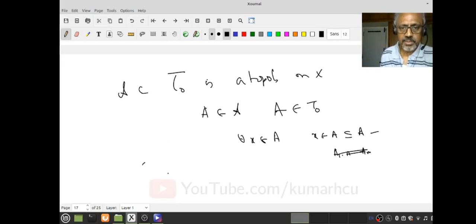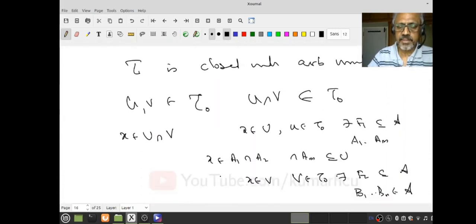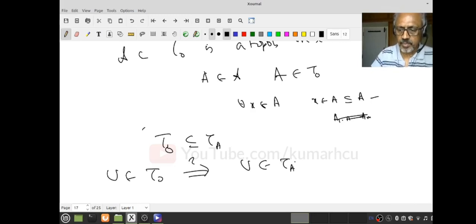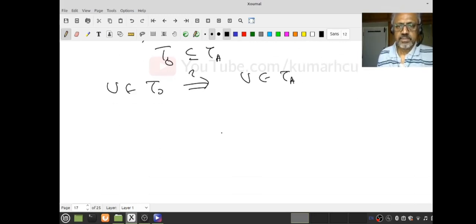Now notice that tau naught is contained in tau A. Why? How did I conclude? Start with any element U in tau naught. I want to prove U belongs to tau A. That is obvious.